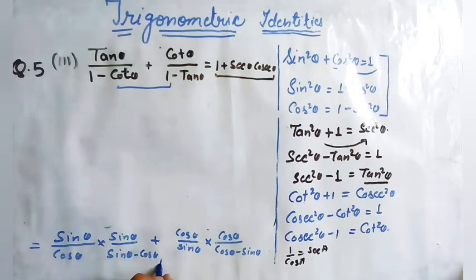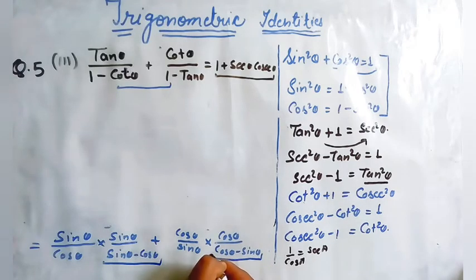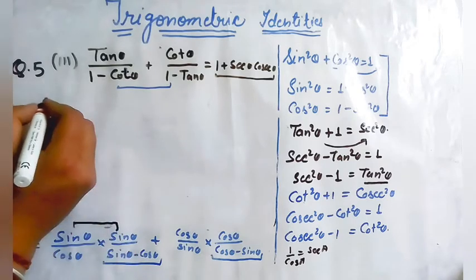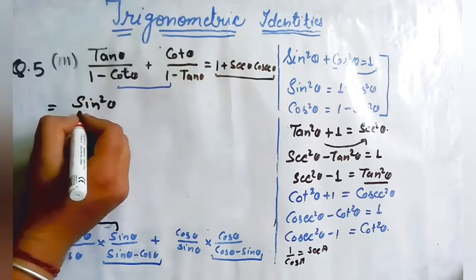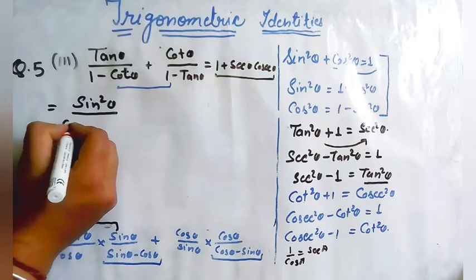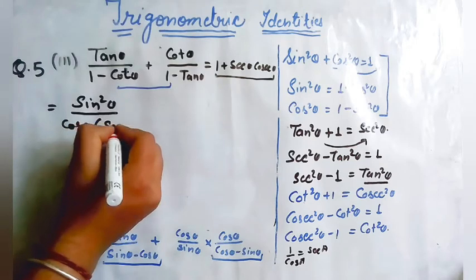So first of all, to make them the same, we will take minus as common. So sin theta into sin theta, sin square theta, whole upon cos theta into sin theta minus cos theta.